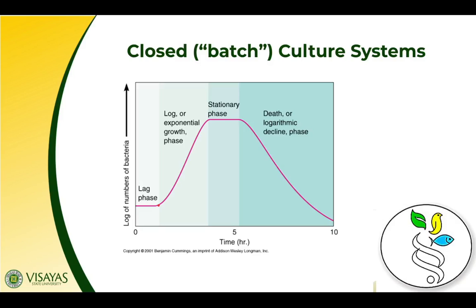And there comes a time when there will be no more nutrients, so all of them will start to die. This is what we call the death phase or the logarithmic decline. This is the logarithmic growth, not the exponential growth. This is the logarithmic decline phase or the death phase. You should be familiar with these phases of microbial growth in a closed culture system.